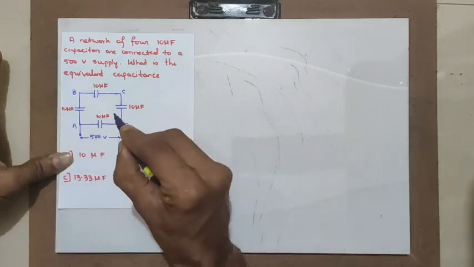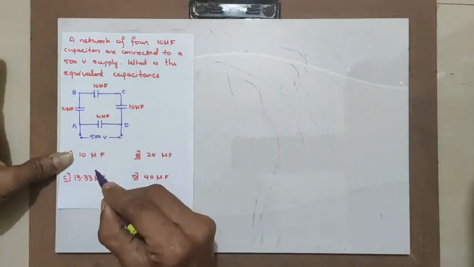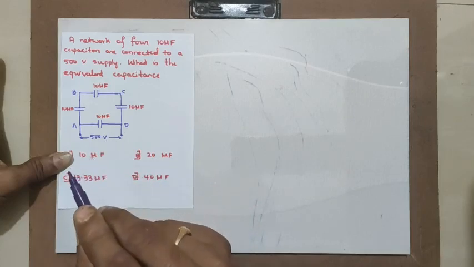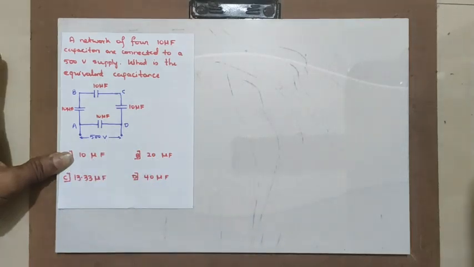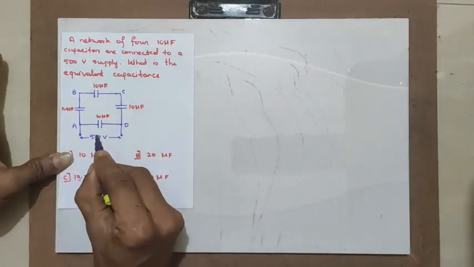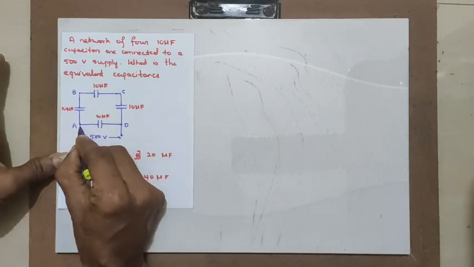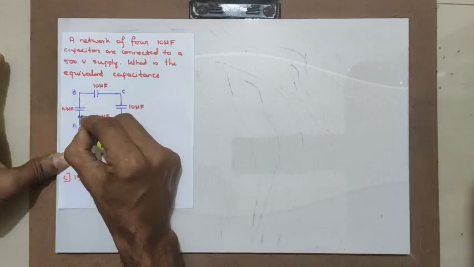In such kinds of structures, you should see what are the series and parallel combinations of these capacitors. The simple thing is, current comes here and divides like water.